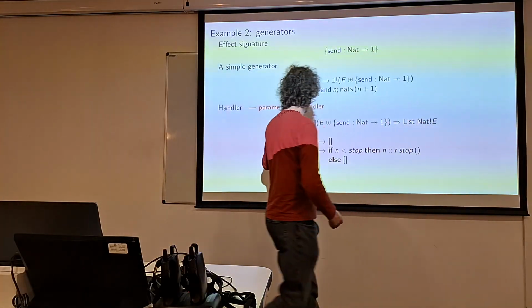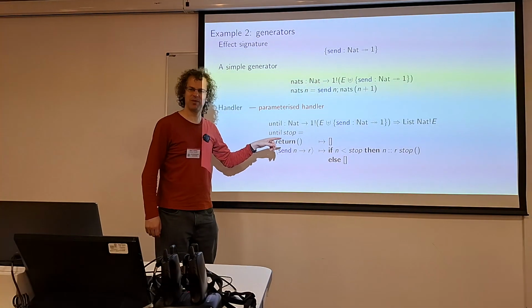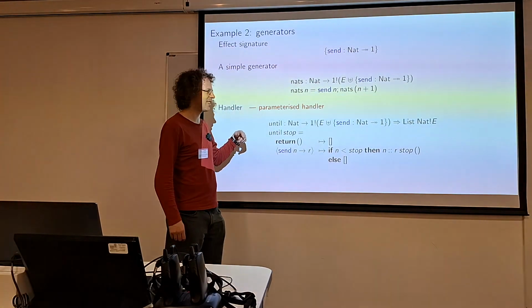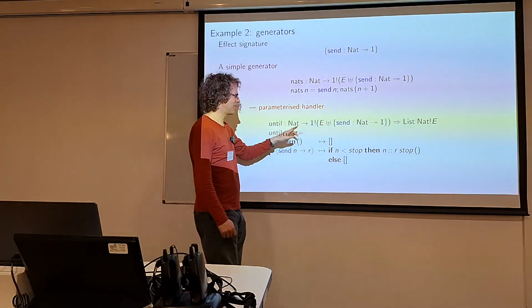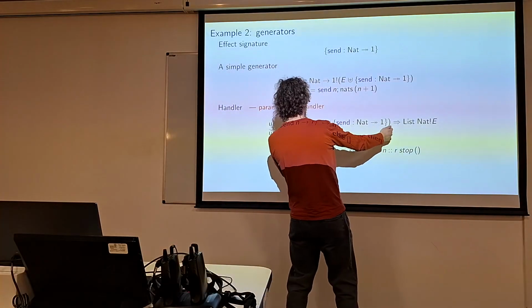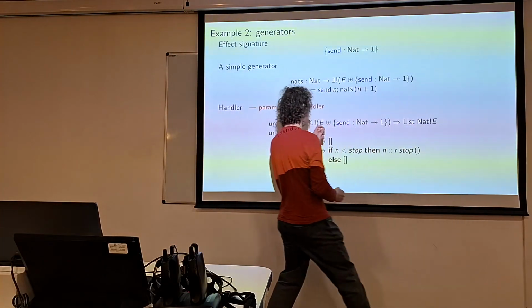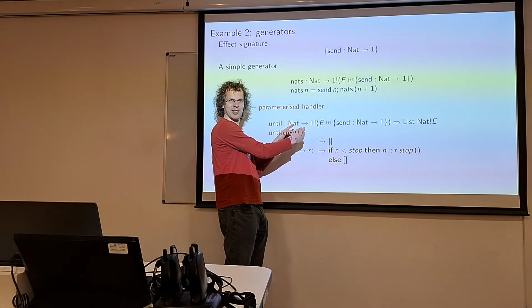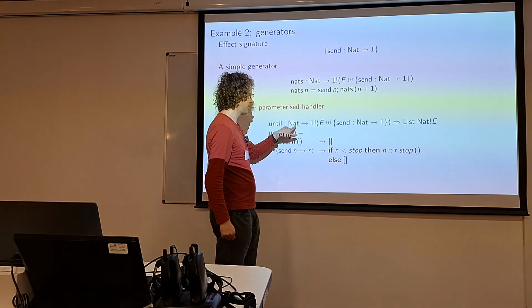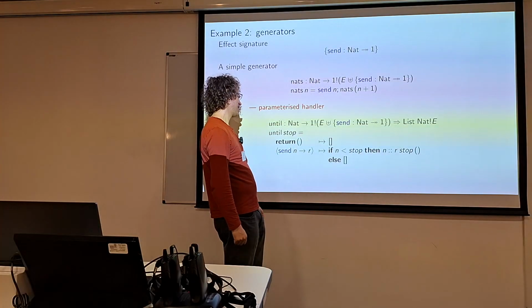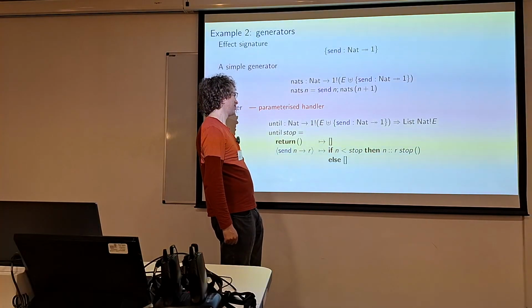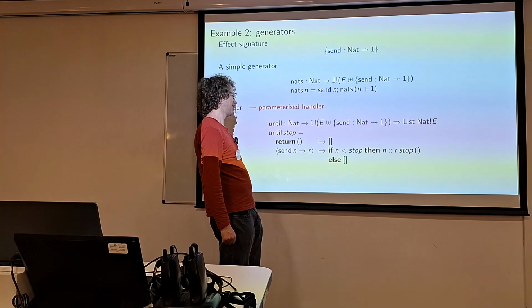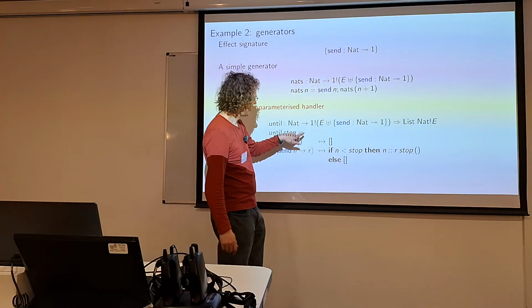So actually what I'm writing for the types of this is an example of a parameterized handler. Parameterized handlers, as well as taking a computation type to a computation type, are also allowed to take some parameter that gets threaded through as well. Does this even need to be a parameterized handler? It probably doesn't, but yeah, anyway, it is.